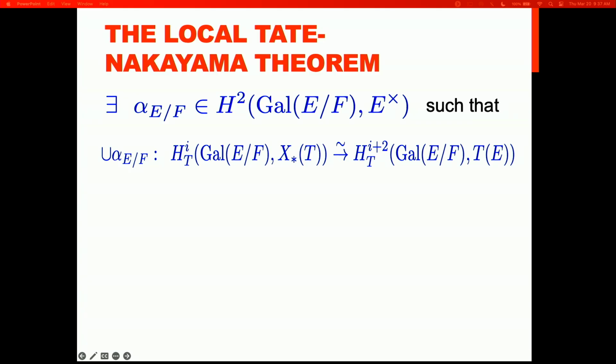So, as I say, they knew that class field theory gave them the so-called fundamental class in H^2 of the Galois group, acting on the multiplicative group of the field.